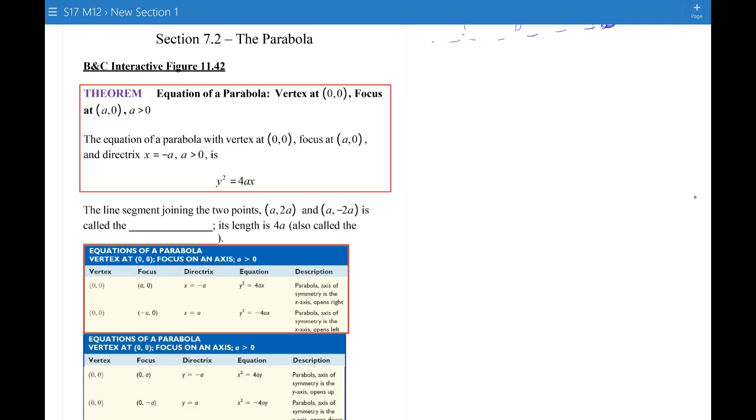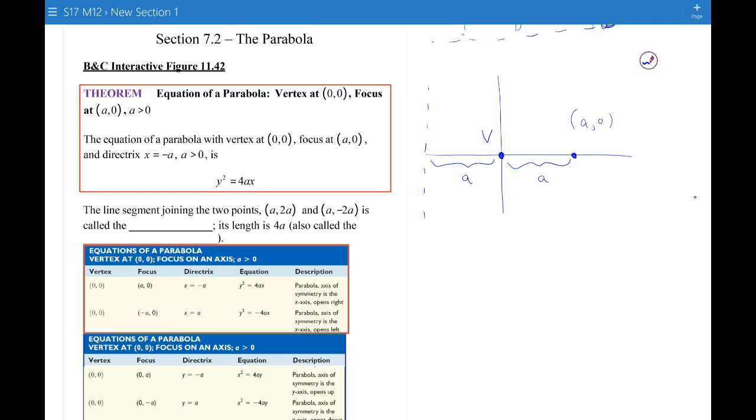So we're going to look at a theorem that says if I have a parabola with the vertex at (0, 0), and the focus is at (a, 0), so now the focus is to the right or left instead of up or down, this is the kind that are definitely not functions. If a is greater than 0, the focus is always inside the parabola, and the directrix will always be an equal distance from the vertex.